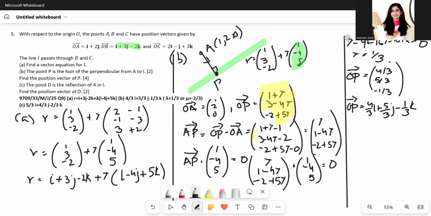Part C is the point D is a reflection of A in line L. Find the position vector of D. All right, so for part C, we already have a point A, which is 1, 2, 0.